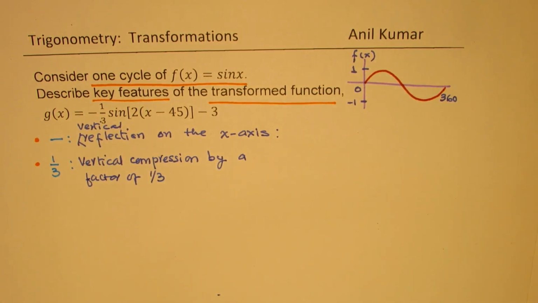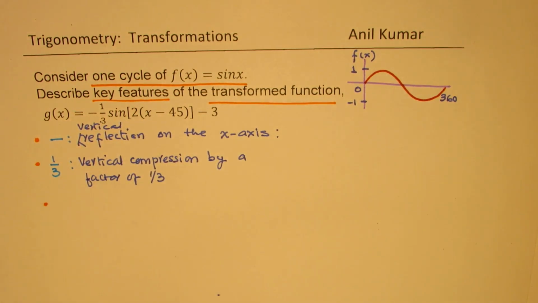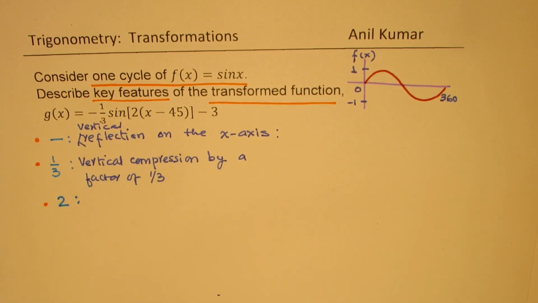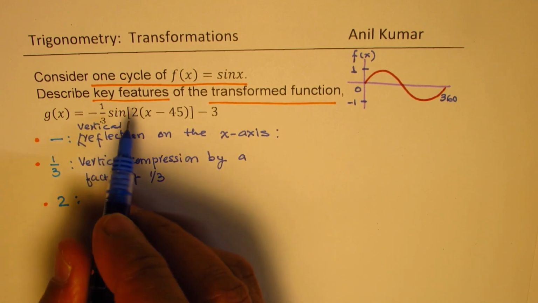Then we'll look into the next feature, which is 2. Now what does this 2 reflect? The parameter 2 reflects that there will be 2 waves within 360. It reflects that the time period will be half, right?